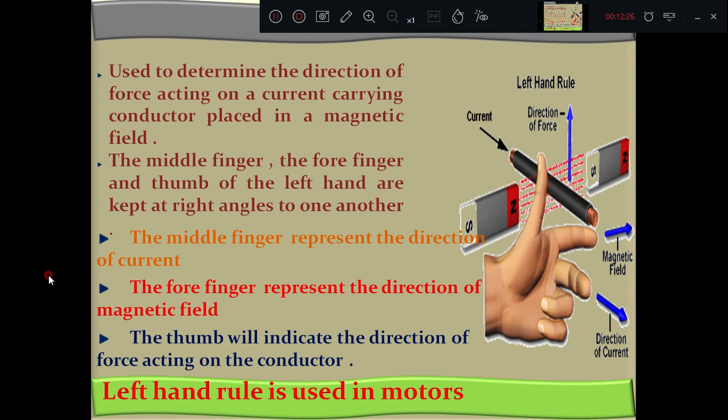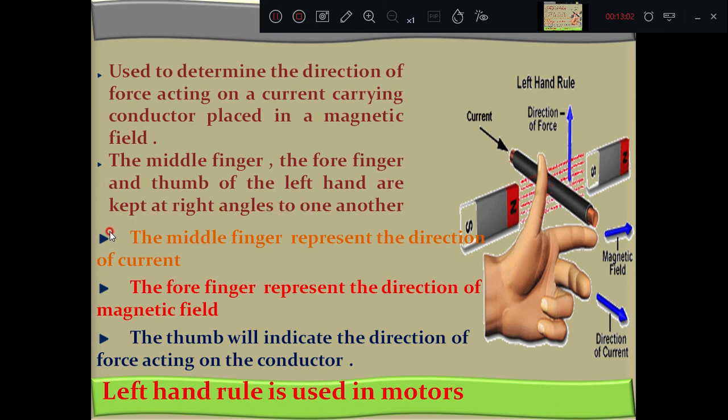The forefinger represents the direction of the magnetic field, from N to S. Then ultimately the thumb will indicate the direction of force acting on the conductor. Thereby it is rotating in one direction, the clockwise direction. This is how a force is exerted on the machine.